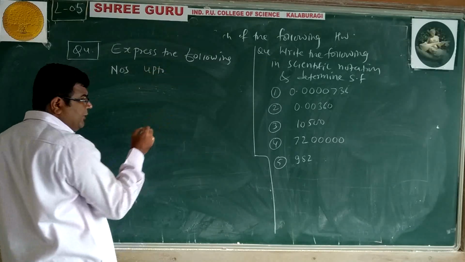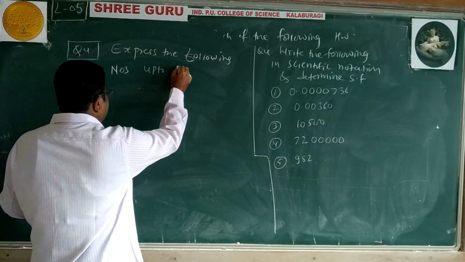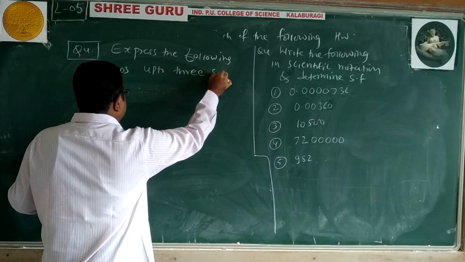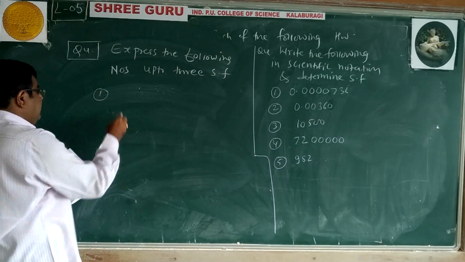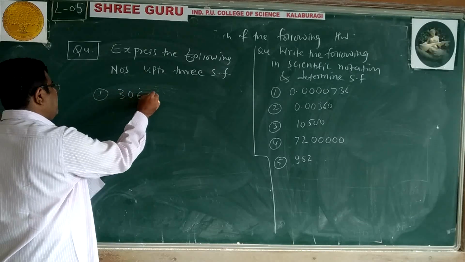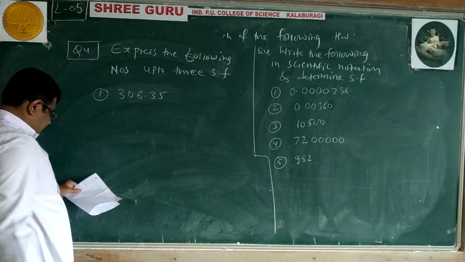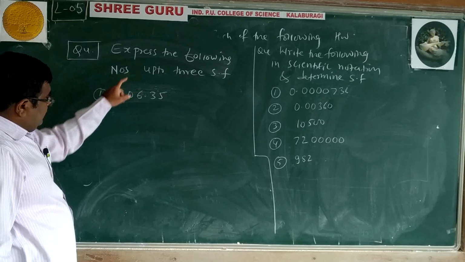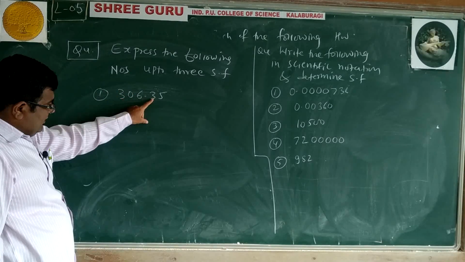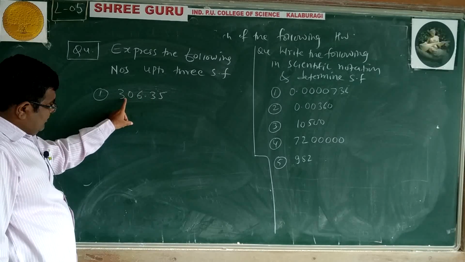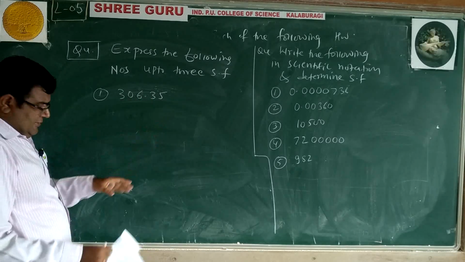We have to round it up. Up to 3 significant figures. Let's see how you round up. 306.35 means we have to keep only 3 digits here. This is to be dropped. Less than 5, no need to change here. The answer is 306.